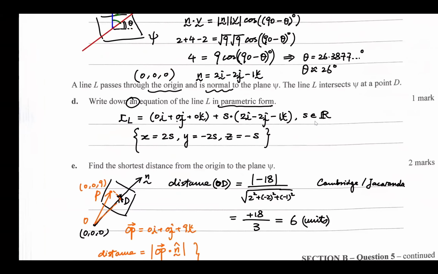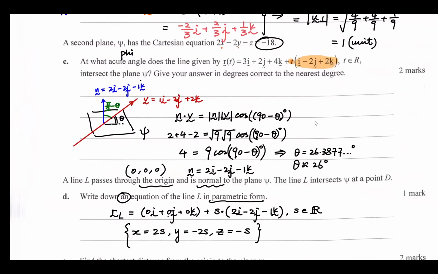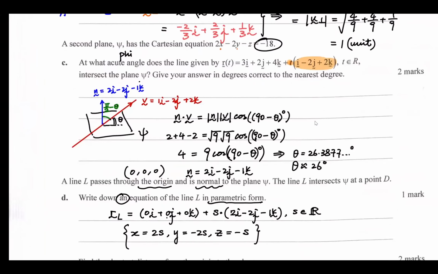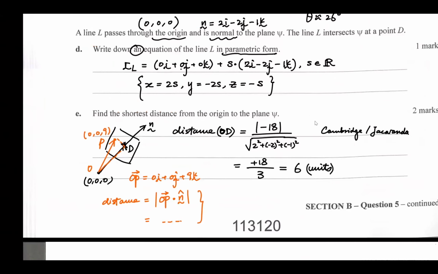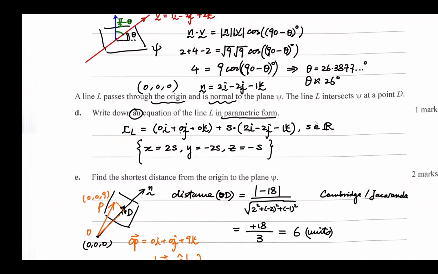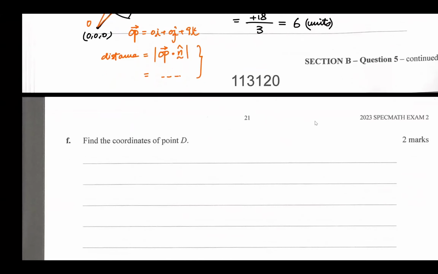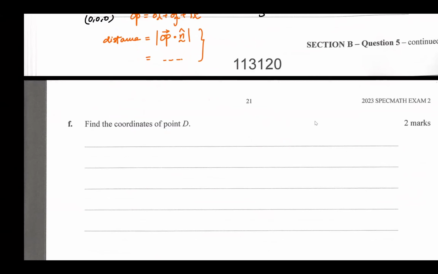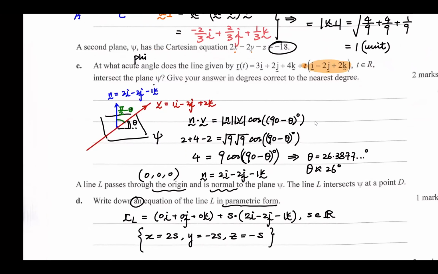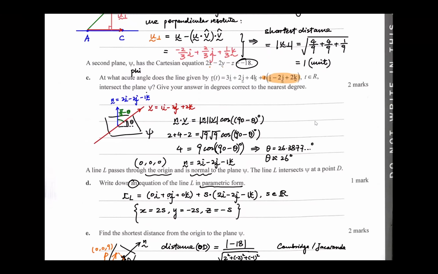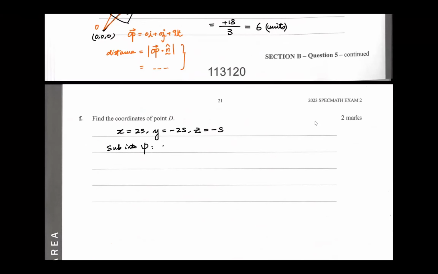Find the coordinates of the point D. Okay, so I've got 3 parametric equations. Let's try this. 2x minus 2y minus z equals minus 18.